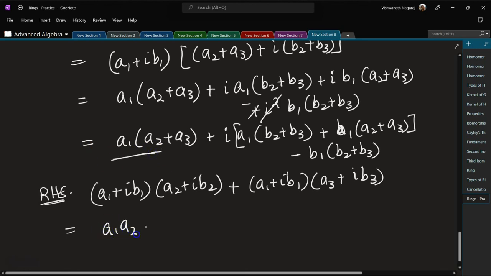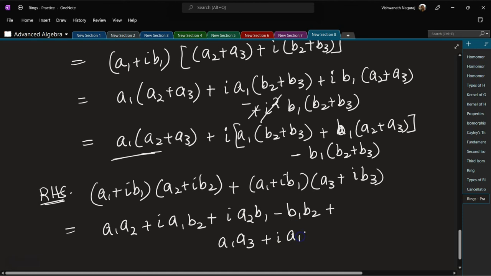So a1 a2 plus i a1 b2 plus i a2 b1 minus b1 b2. i squared will become minus, right? Now, plus, now we look at this. a1 a3 plus i a1 b3 plus i a3 b1 minus b1 b3.